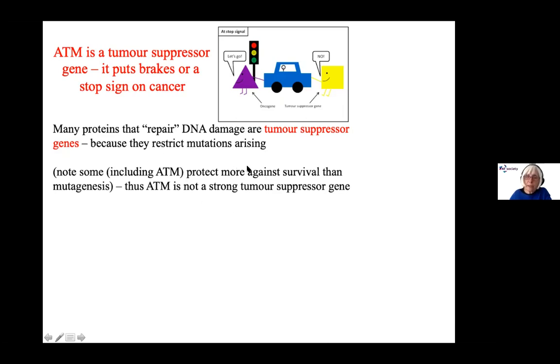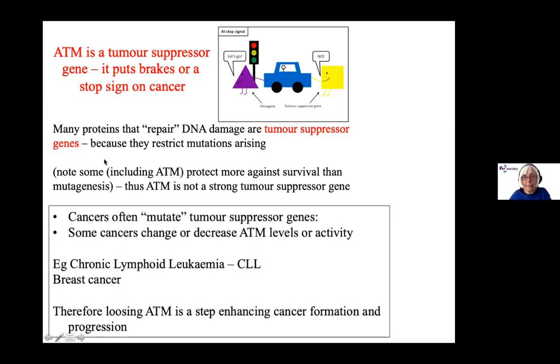But in fact, ATM protects a bit more also about survival. It helps you survive, not just not get mutations. So ATM is not quite such a strong tumor suppressor gene, but nevertheless, it is one. And cancers often want to mutate or change their tumor suppressor genes because they're suppressing cancers developing.